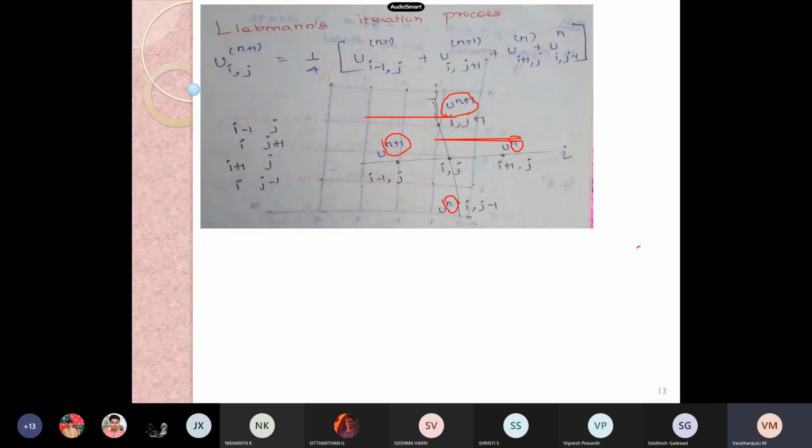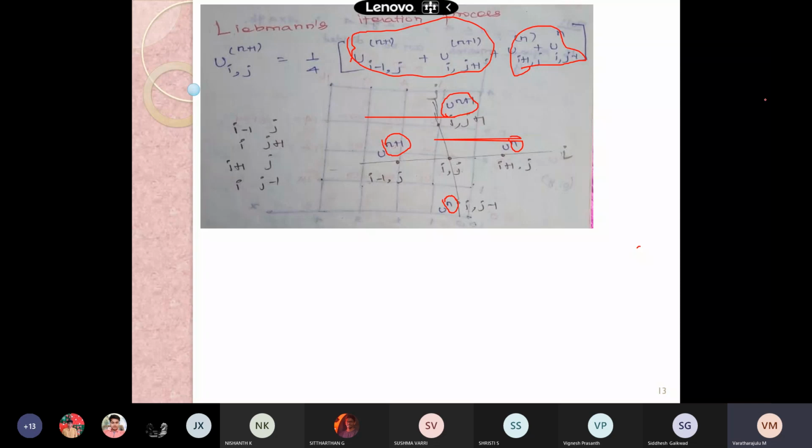But at present you try to write this formula, that is Liebmann's iteration process: u of i comma j, that is n plus 1. The n plus 1 is the newly calculated value, n is the past data. 1 by 4 of u i minus 1 comma j n plus 1, u i comma j plus 1 n plus 1, plus u i plus 1 comma j n, u i comma j minus 1 n. These two are the past data and these two are the new data. This can be understood once we have started to solve the problem.